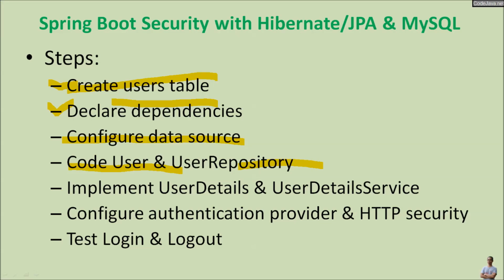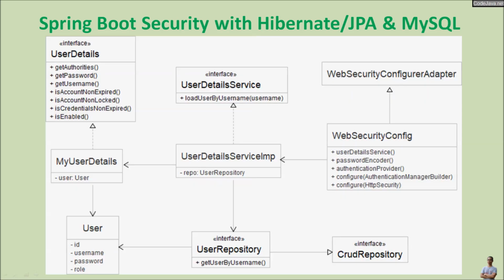And next, we need to implement the UserDetails and UserDetailsService interfaces defined by Spring Security APIs. As you can see in this class diagram here, we have done coding UserRepository for Spring Data JPA, and for Spring Security we need to implement the UserDetails interface and UserDetailsService interface.